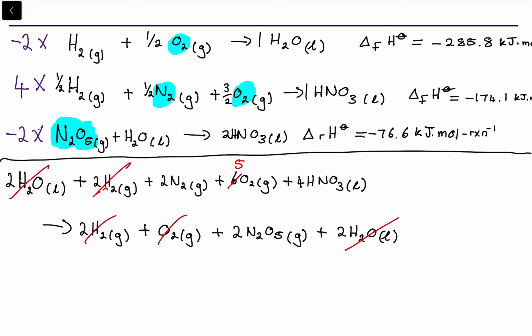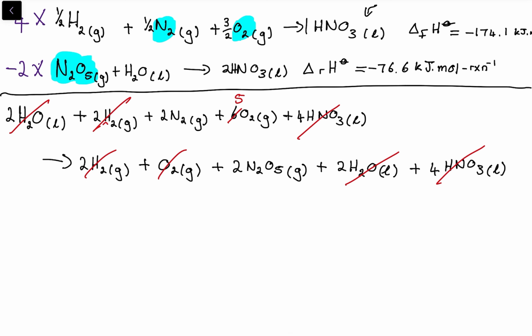Oh, I missed the 4HNO3 on the product side here, from this equation here, I missed that one. So luckily that one cancels. Whew, nearly thought there was a big issue here. Okay, and then we end up with 2N2 gas plus 5O2 gas, giving us 2N2O5 gas.